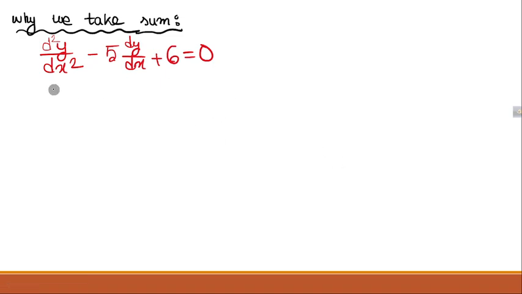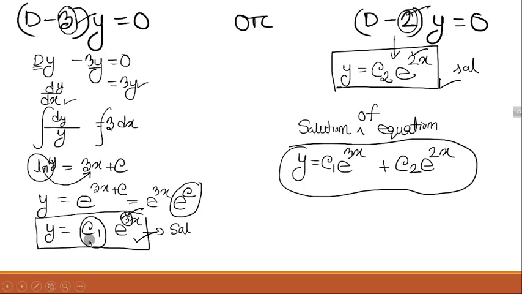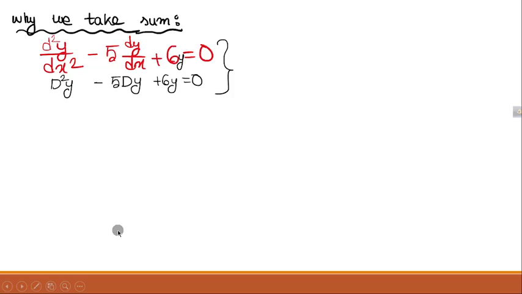I can write this equation as d square y minus 5dy plus 6y is equal to 0. And I have found two solutions here, right? I have found c1 e to the power 3x, and I have found c2 e to the power 2x.